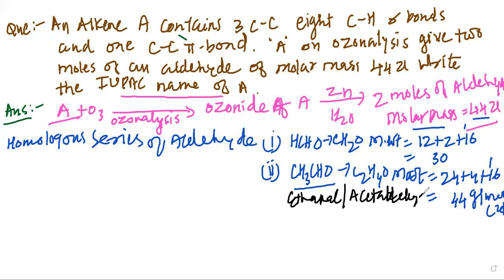Now from the product, my dear students, we can write the structure of the ozonide. Let us write the structure of ethanal first.